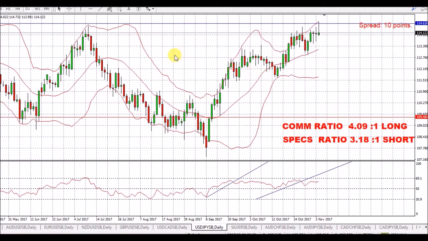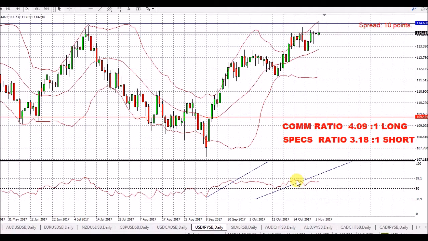So this chart is USD Japanese yen. I'm expecting really, with the strength of the yen, for this to actually come back down. We cut the trend line a few days ago. I got a trade in, but I got knocked out.